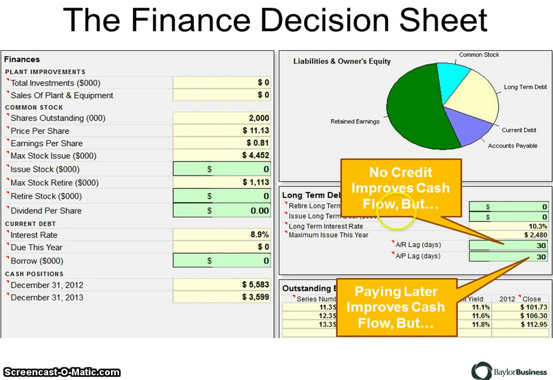Likewise, you can change your accounts payable lag on your production sheet or here, and paying later does improve your cash flows, but it reduces the reliability of your production scheduling because your suppliers can withhold materials and things like that, so it hurts you there.